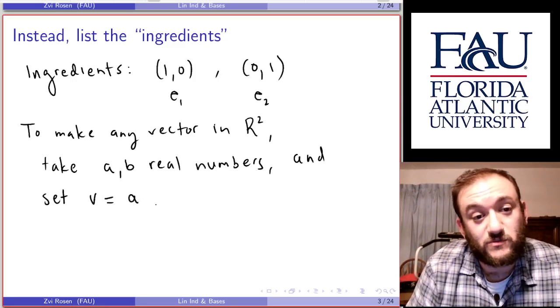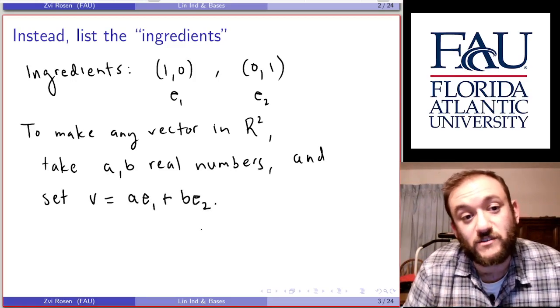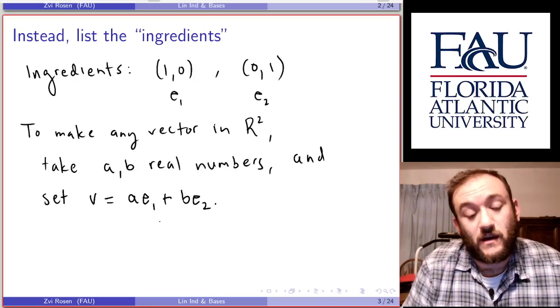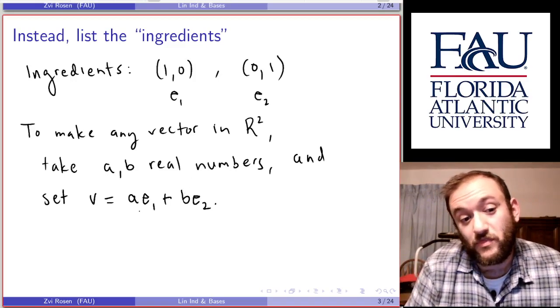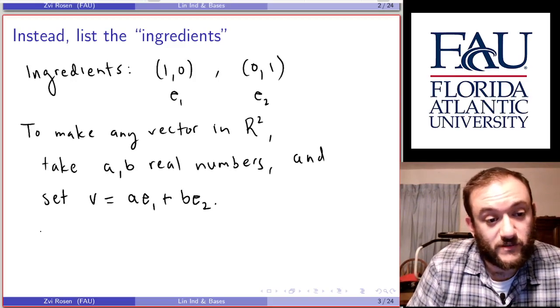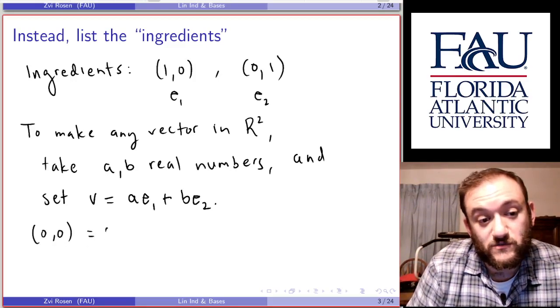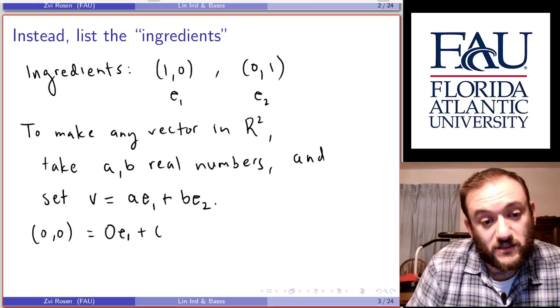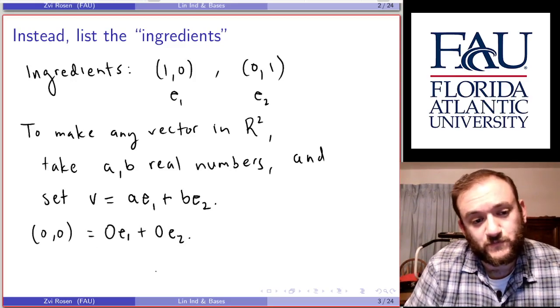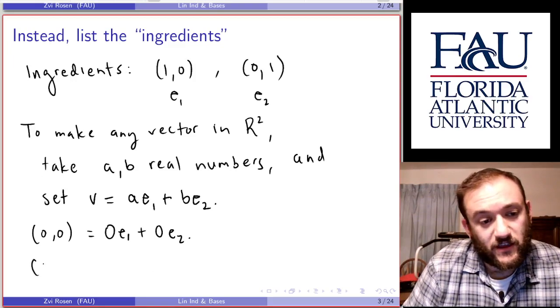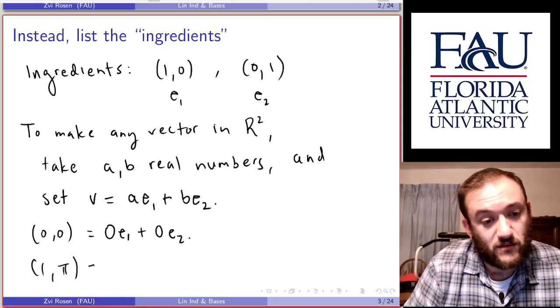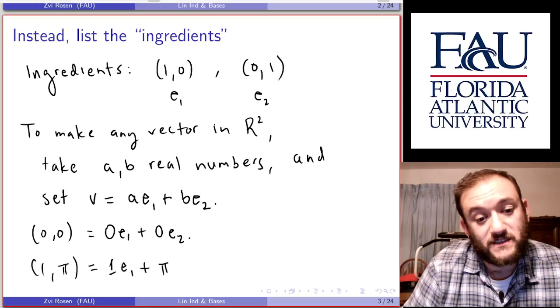Just set it equal to A times E1 plus B times E2. Now, for any vector I'm interested in, it should be easy to see what those A and B will be. So for instance, the vector 0, 0 corresponds to 0 times E1 plus 0 times E2. On the other hand, the vector 1, pi is 1 times E1 plus pi times E2.